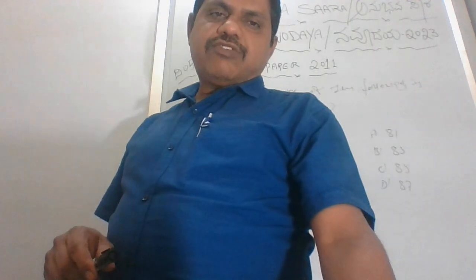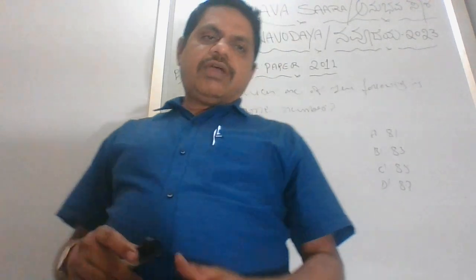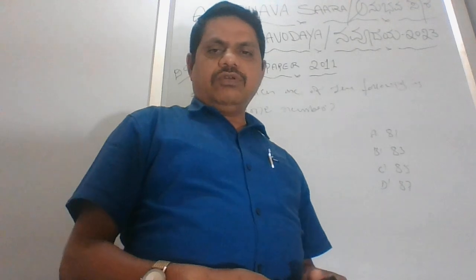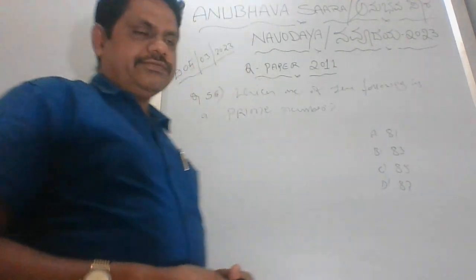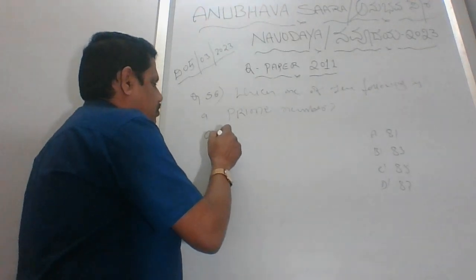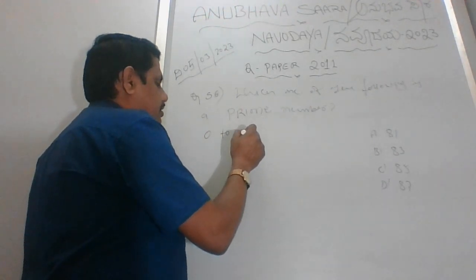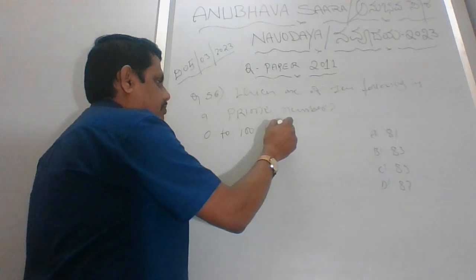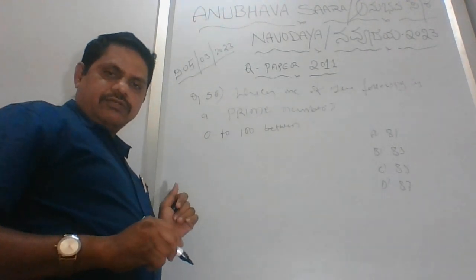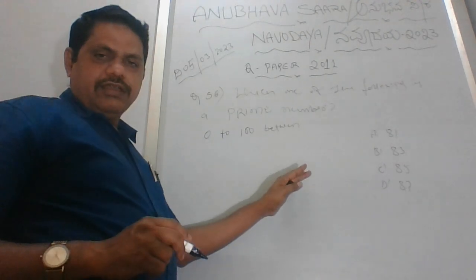Okay, I'll just explain which are the prime numbers between 0 to 100. I'll write it here.